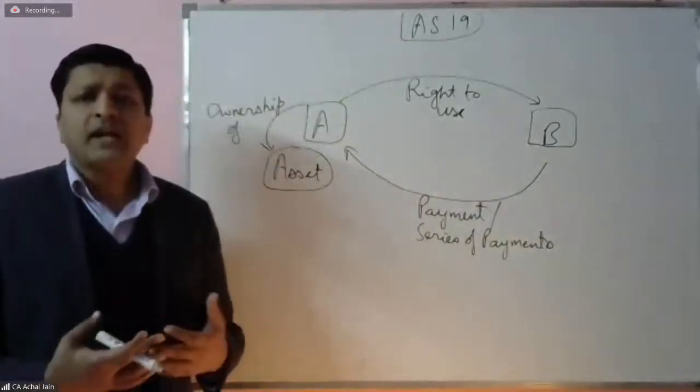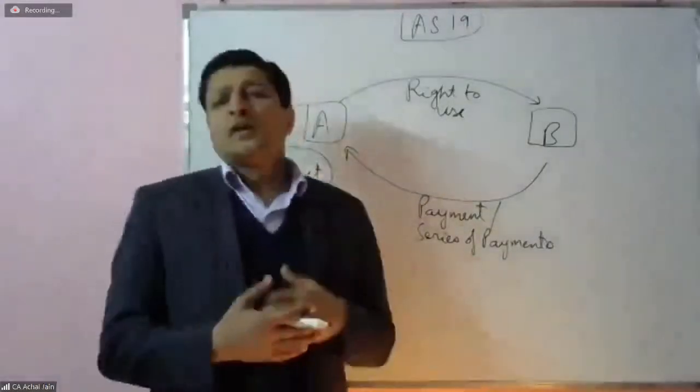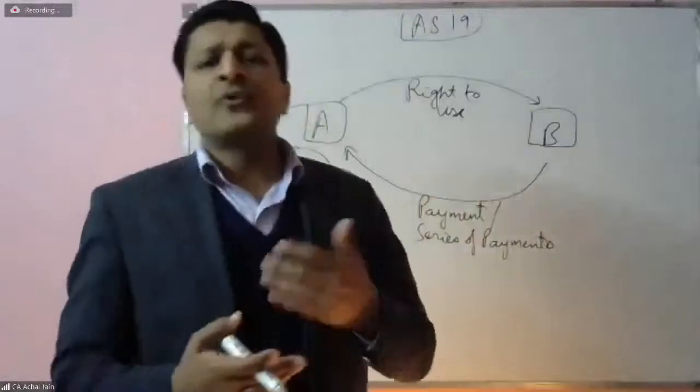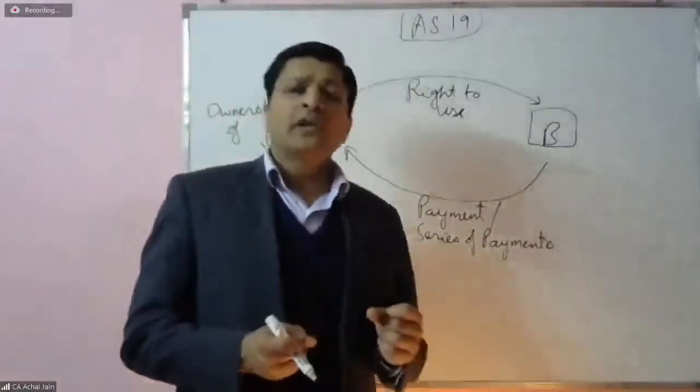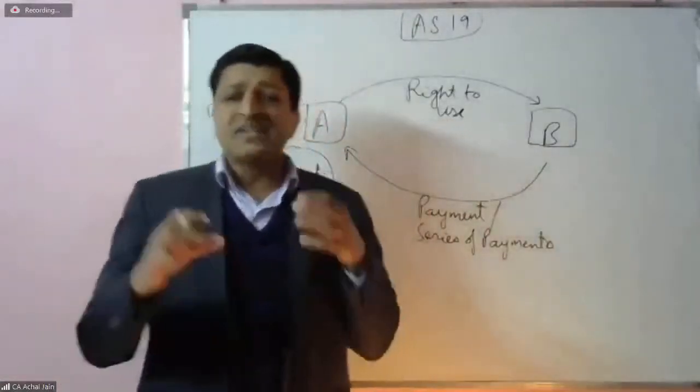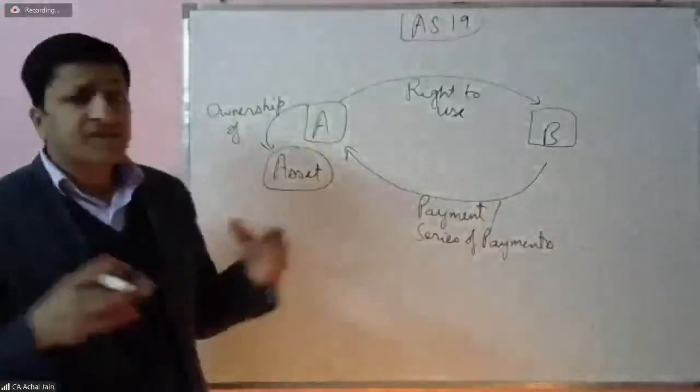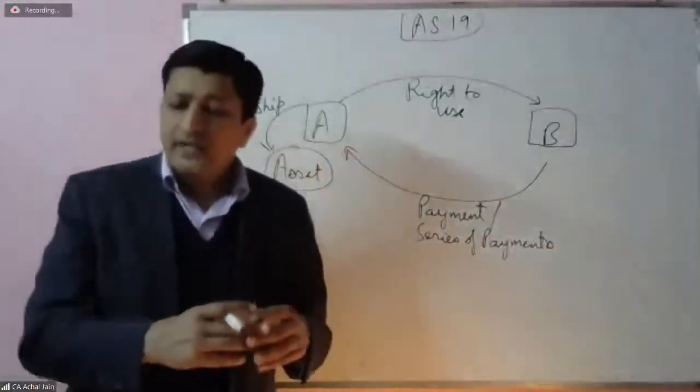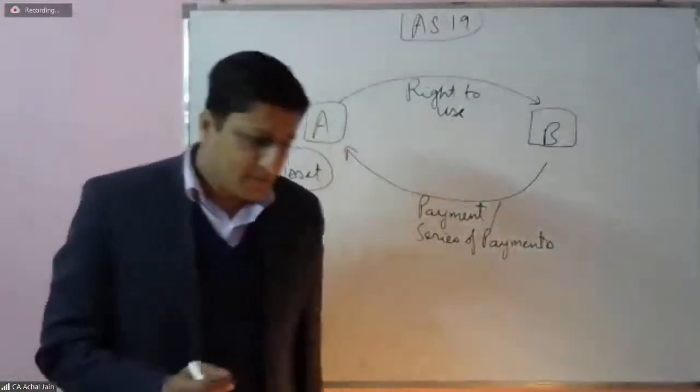And what is that period of time? Let's suppose it's only for 1 year, or only for 3 months, or only for 3 years. So that's the time frame over which this arrangement has been entered into between the two parties.